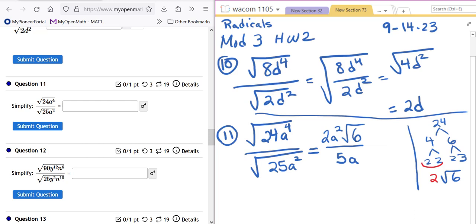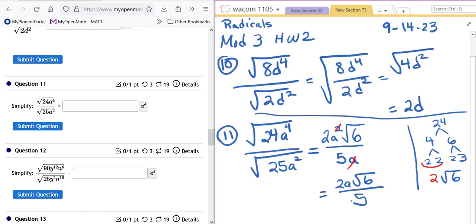Now, you do have something that will simplify a little bit. This piece on the outside could simplify with the denominator if there is a common factor. And you can simplify one of the a's off the numerator with the a in the denominator. And that will give us 2a times the square root of 6 over 5.